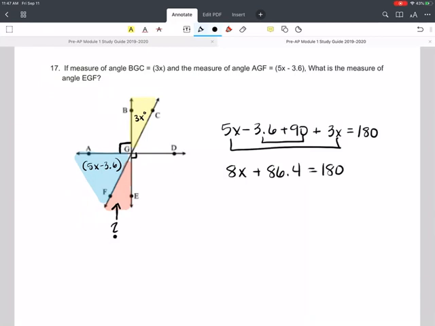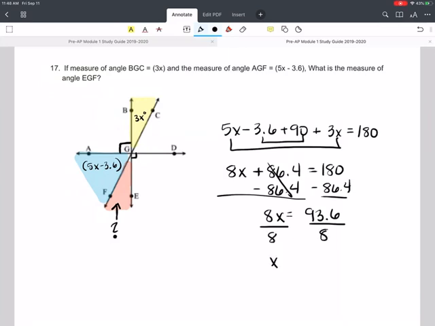From here, I just start solving. I would subtract 86.4 from both sides. So that leaves me with 8x equals 93.6. And I'm going to divide by 8 on both sides, which gets me 11.7.